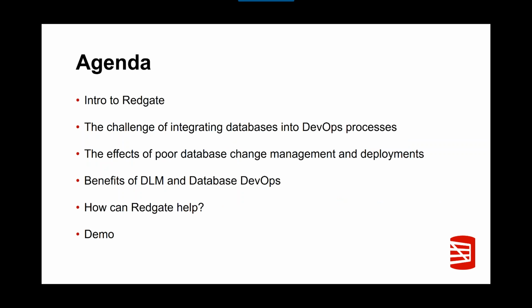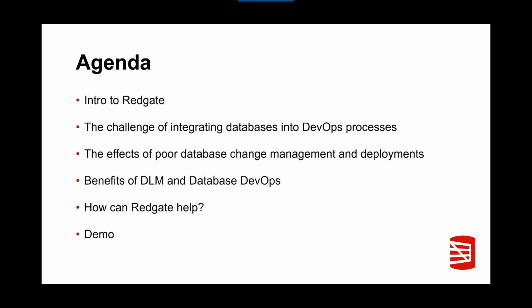Great. All right. So what we're going to go through is we are going to talk about Redgate, and then we're going to start talking about DevOps and how DevOps is impacted by basically all kinds of fun stuff and how it impacts databases, database deployments, database management, and how getting this under control and getting a methodology around how you deploy databases is absolutely going to help you integrate better with both your development teams, development processes, but also your businesses and business processes.